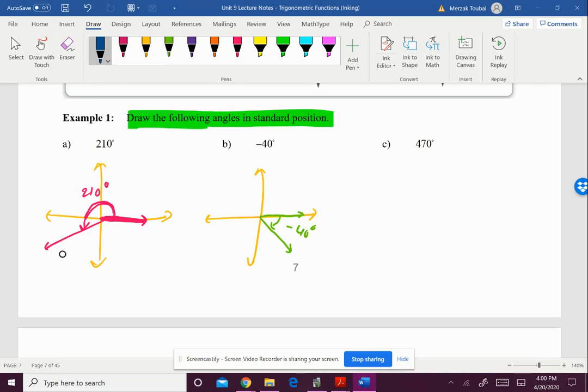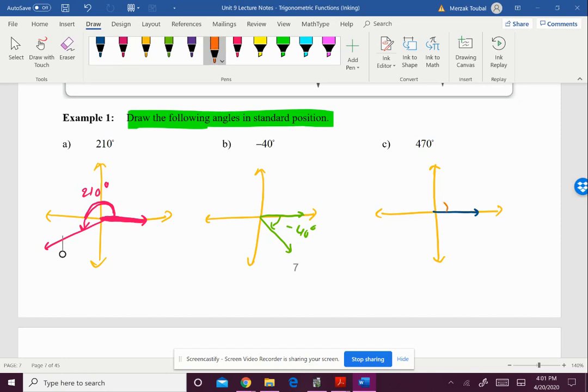470, that's greater than 360. So again, we start from the positive x-axis. The measure of the angle is positive, so we must rotate counterclockwise.